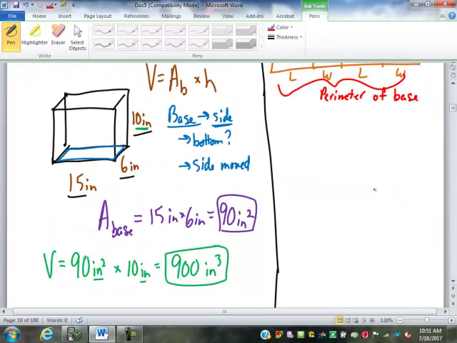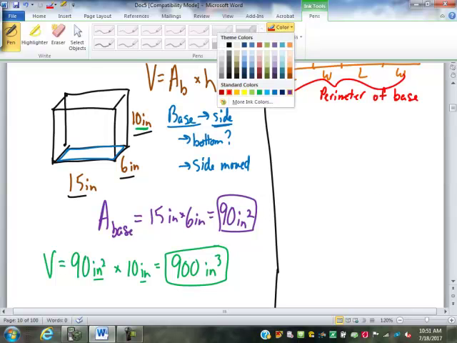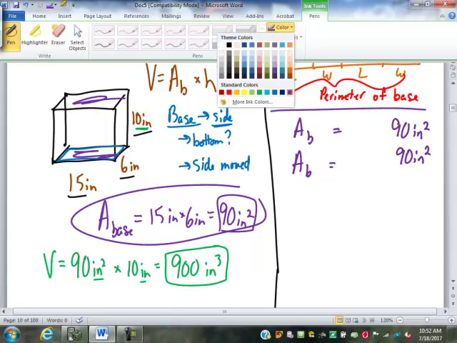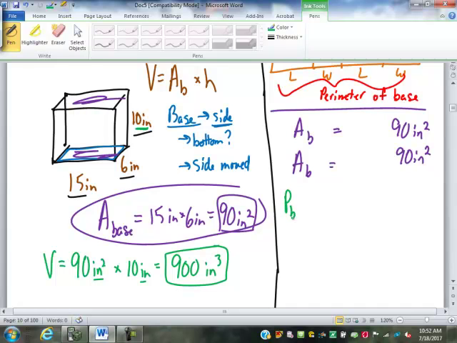So let's look at our examples now. This first example for surface area. We already found the area of the base. Why did I write it down twice? Yeah, there's the bottom and there's the top. The base appears twice. The lateral area is going to require us to know the perimeter of the base. Well, we've got 15, 6, 15, and 6, right?